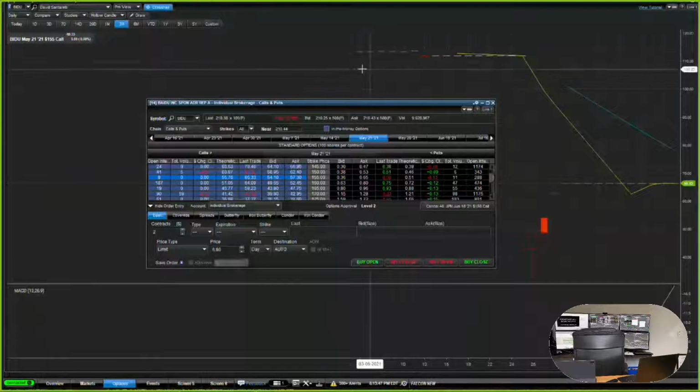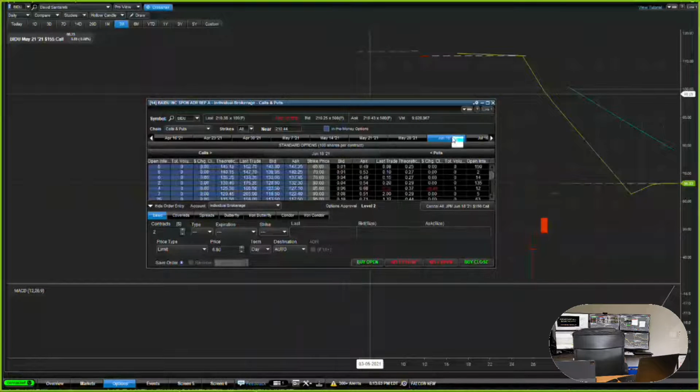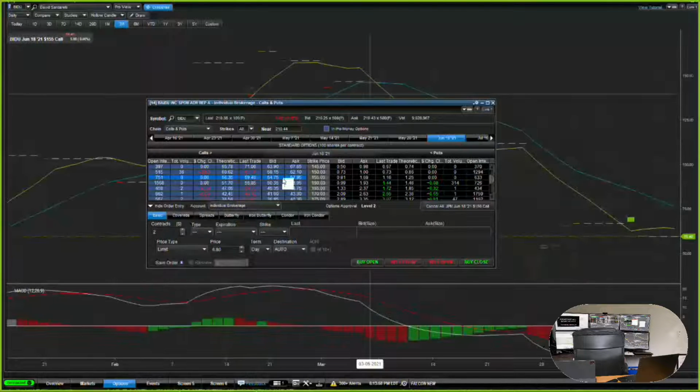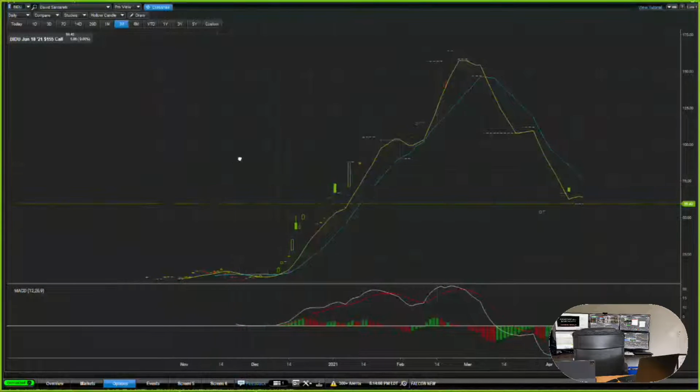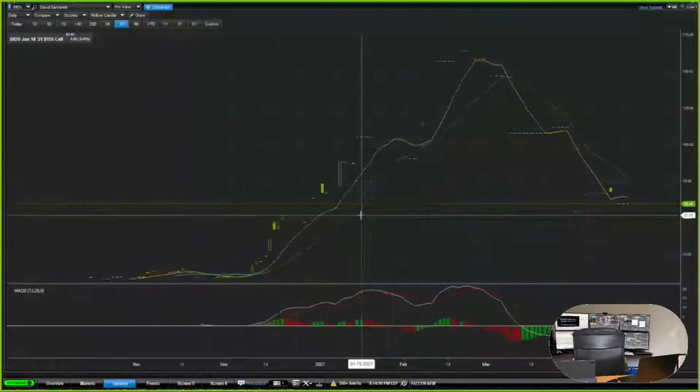That goes back to March. I need something that goes out a little bit further here so I could show you a good example of it. There we go. Here's something that goes back a little bit further now. The June 18th, 2021 Expo, right? So this one we could go back and see exactly what it was going for. So we said December 9th.